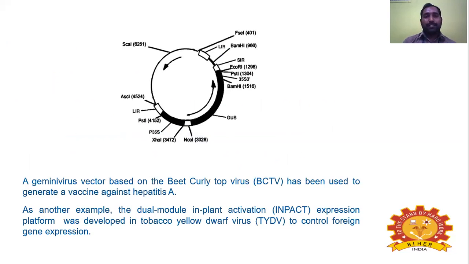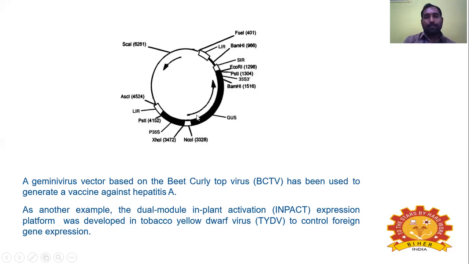So if you see the structure of this particular Gemini virus, here you will have the NcoI and XhoI, and then you have P35S and PstI and a LIR, and then you have LIR, SIR, EcoRI, PstI and BamHI and GUS.